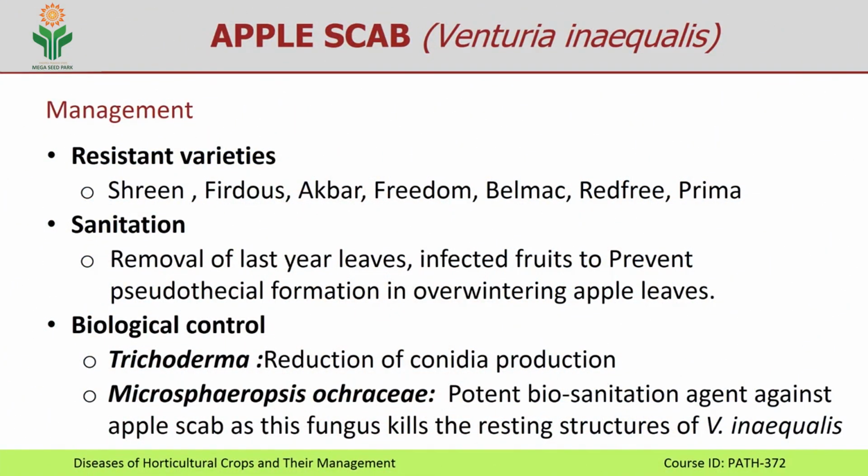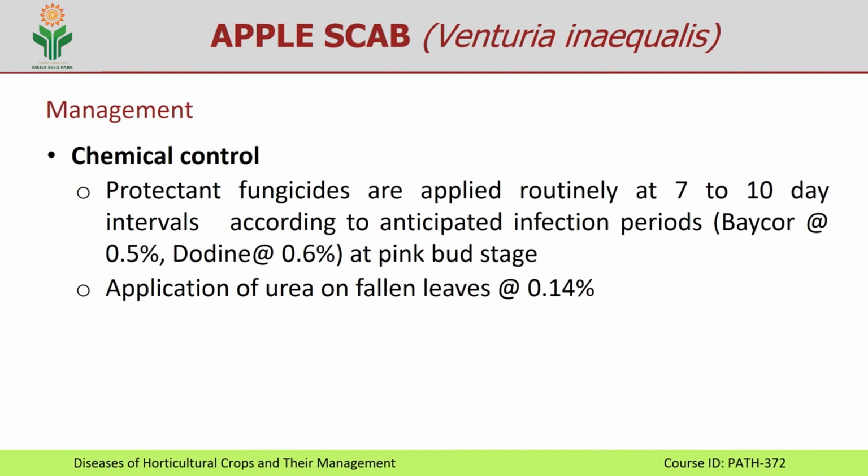Another aspect is biological control. There are 2 very important biocontrol agents reported, Trichoderma and Microsphaeropsis ochracea. Both these biocontrol agents reduce the population of this pathogen. Now coming to chemical control. We apply protectant fungicides routinely at 7-day intervals so that we avoid infection.